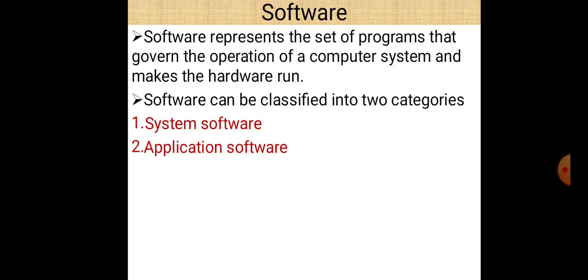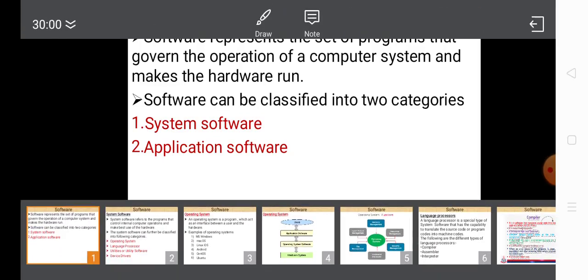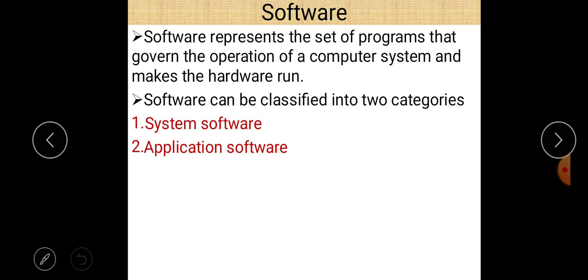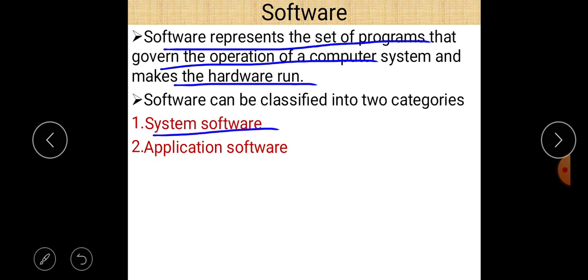And software can be classified into two basic categories. These are system software and application software. So this is the definition, and the main point is that software represents the set of programs that govern the operation of a computer system and makes the hardware run.